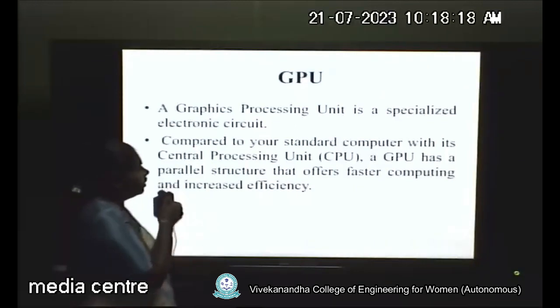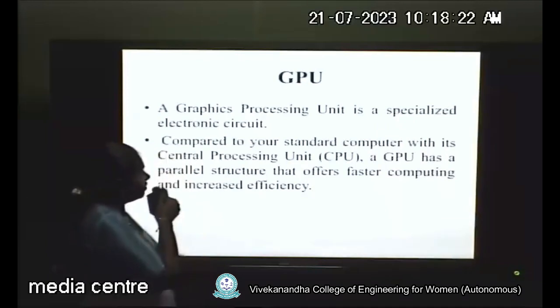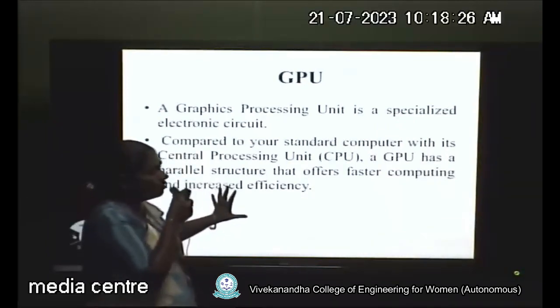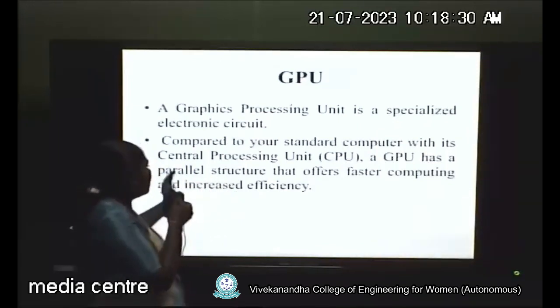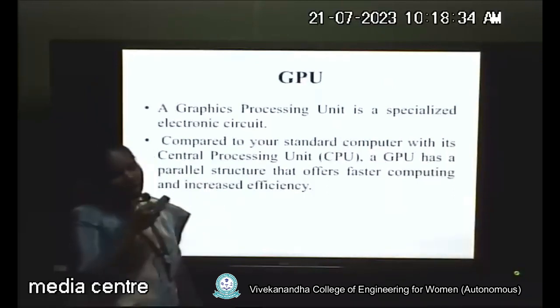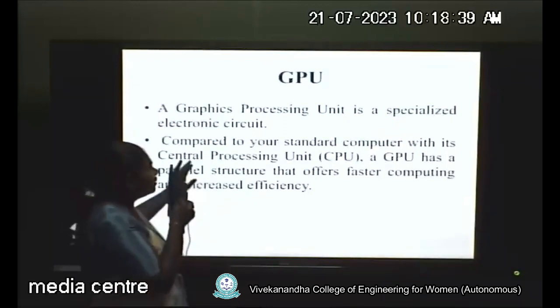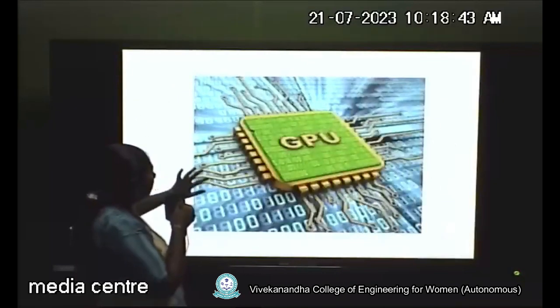Compared to your standard computer's CPU, the GPU has a parallel structure that offers faster computing. So the computing and the efficiency are both increased compared to the CPU. This is one diagram of a GPU.